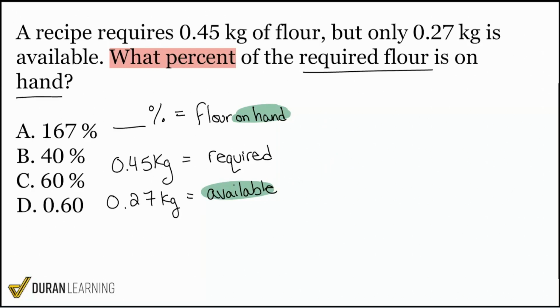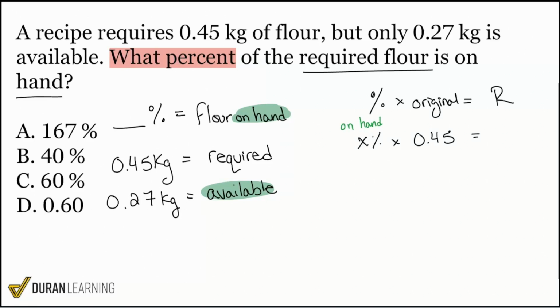And as we know, with our formula, the percent that you apply is the result that you get. So when we plug in these values, I am going to plug in X percent that is on hand. I'm going to multiply that by the originally required 0.45 kilograms.